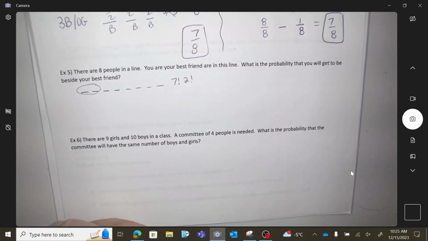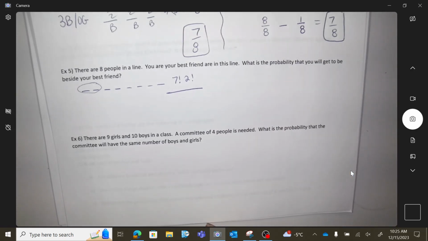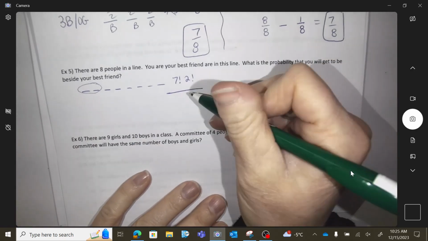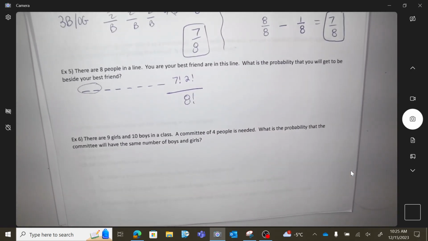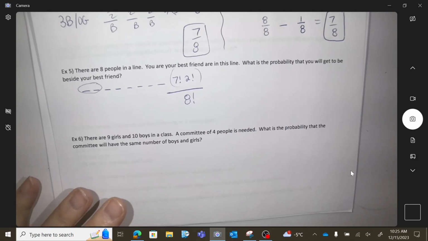You're moving. So that's the scenario of us beside each other, divided by what are all the potential options here? Just anybody. So then I would be on my calculator typing that with probably a bracket just to be safe.